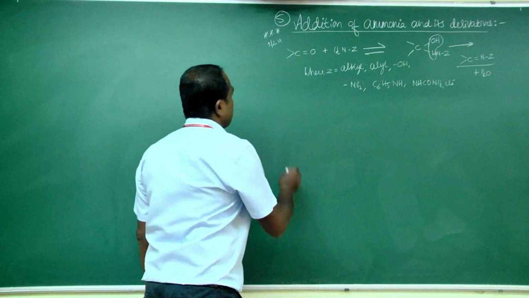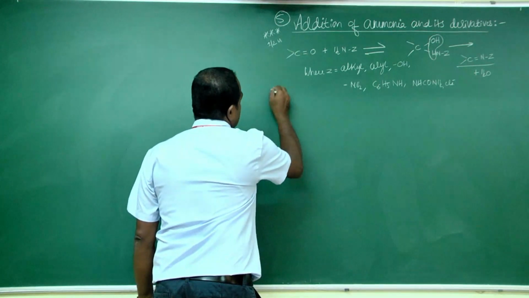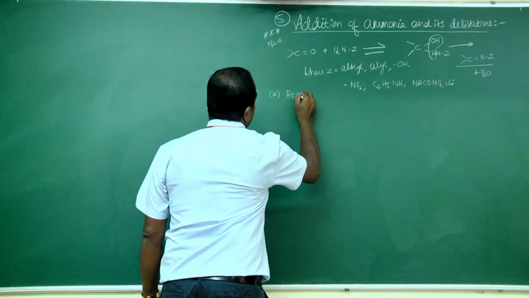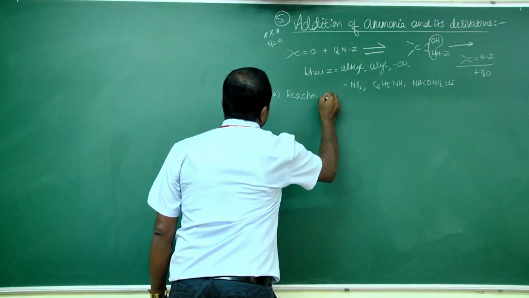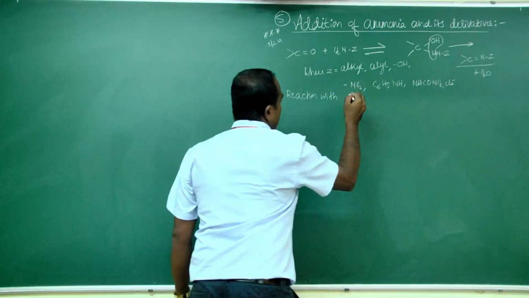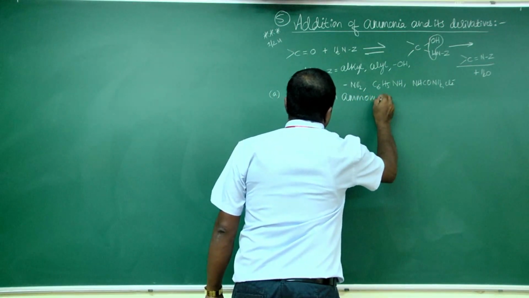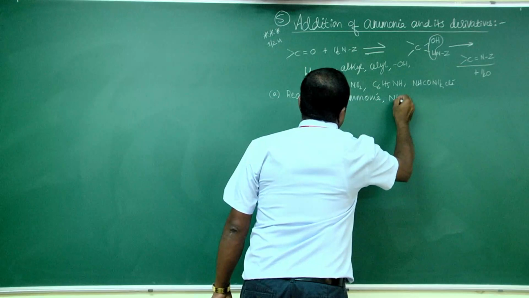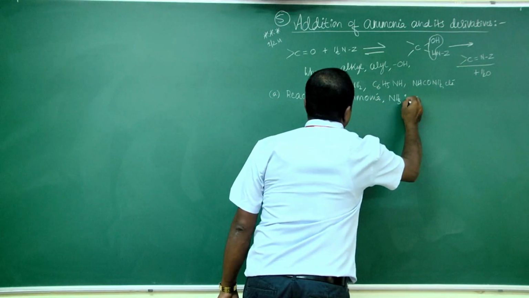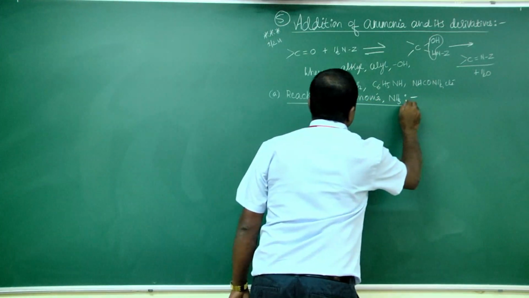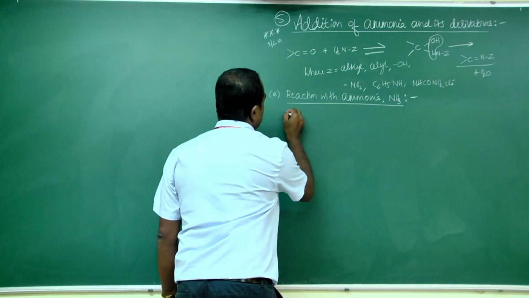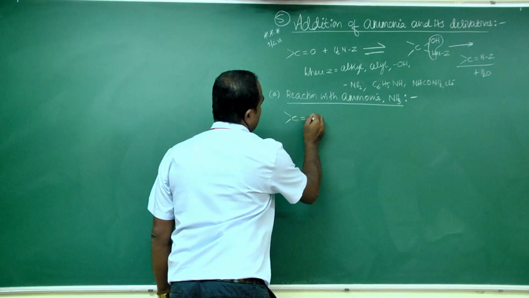So the first reaction is A, reaction with ammonia, NH3. First, we are going to write the general reaction.